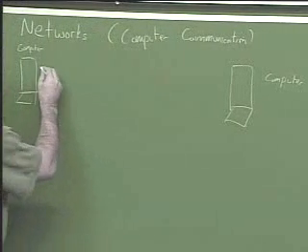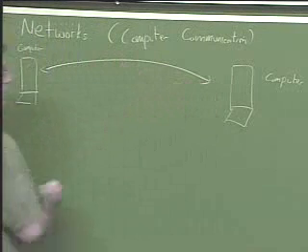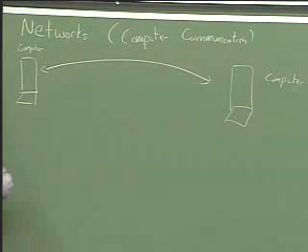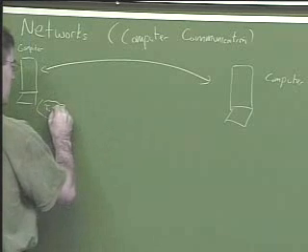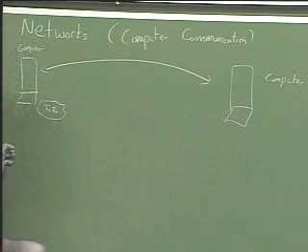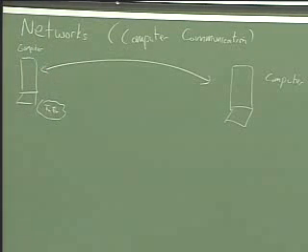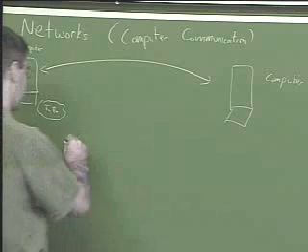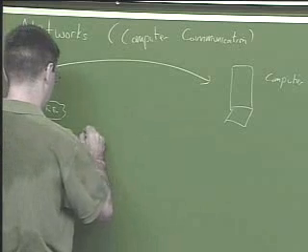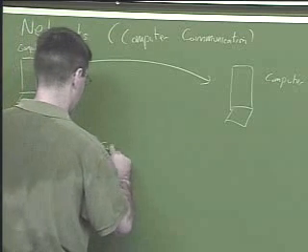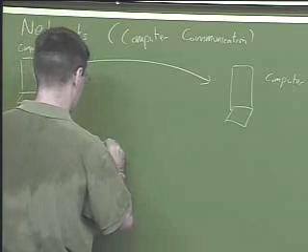And all you want to do is get information from one computer to the other. So this one has some information, and maybe you want to send it over to that computer. And the computer network is the medium to exchange information.